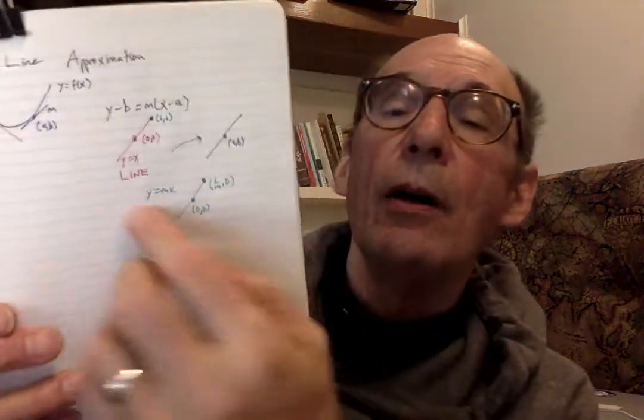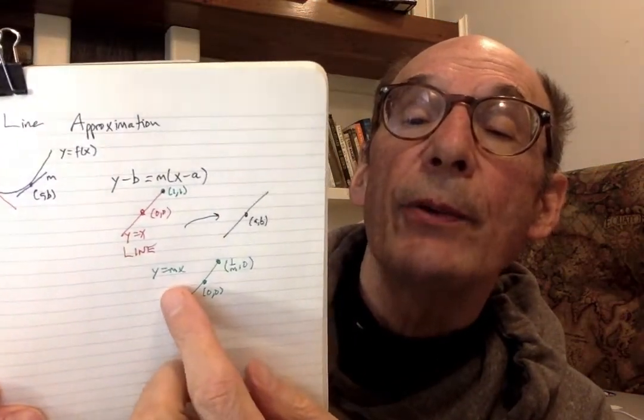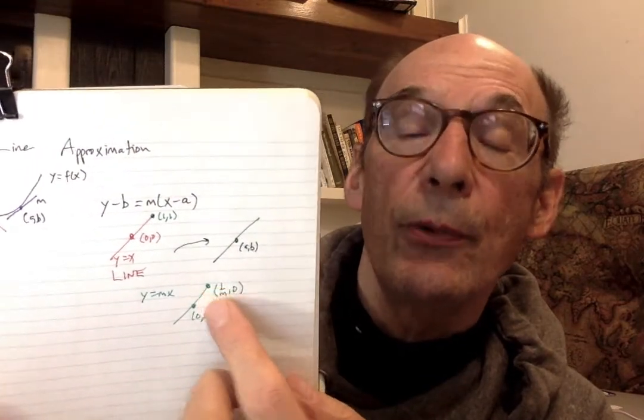And let me show you how that gives you the slope. What used to be (1, 1), if you look at y equals mx, is now the point (0, 0), and now we've shrunk everything. So on y equals x, you go through the point (1, 1). But in y equals mx, you go through the point 1 over m.